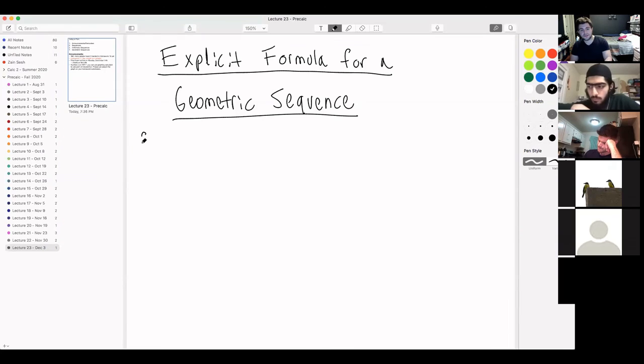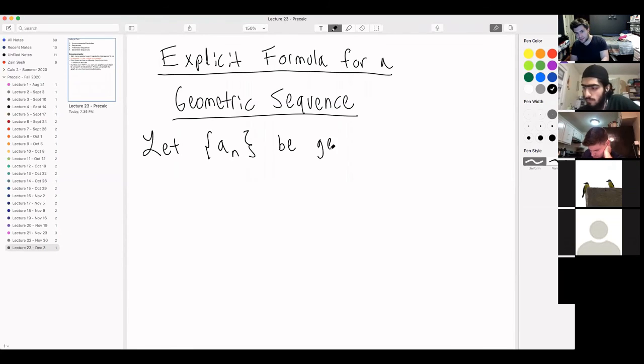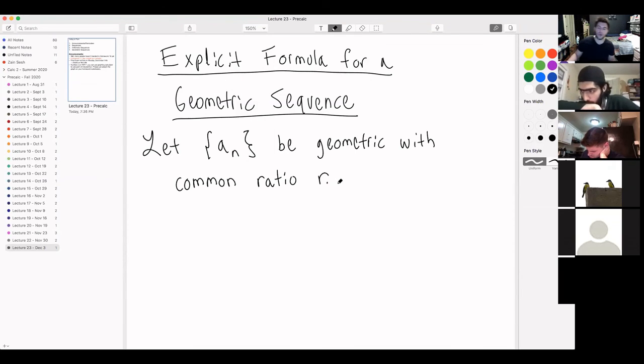So the setup is this. So you let A sub n be geometric with common ratio R. Good. So I would like to get at a formula for A sub n, the nth term.